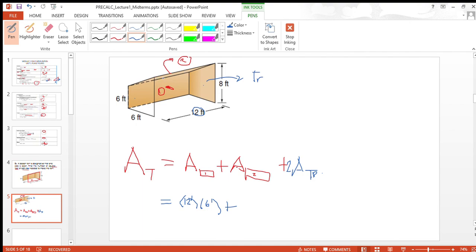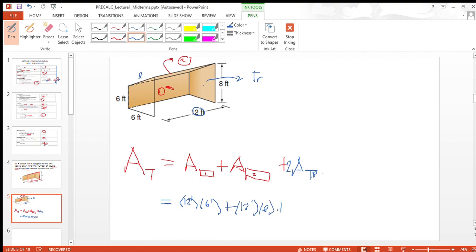We have 12 by, we don't know yet this length here. So let's call that, let's say, L1 or L. Okay, so the area is base, that's 12 feet, multiplied by L.